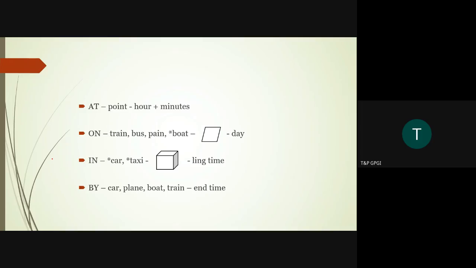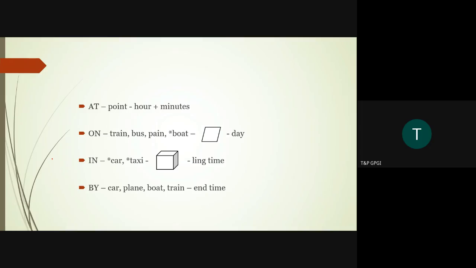It can be a plane or a bullock cart, anything. Here we have at, on, in, and by. At, I love it because it is very specific, so you always know exactly where you are.